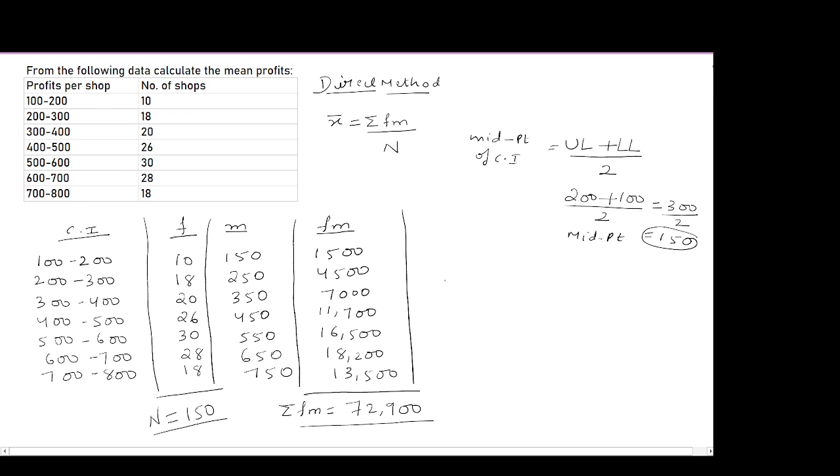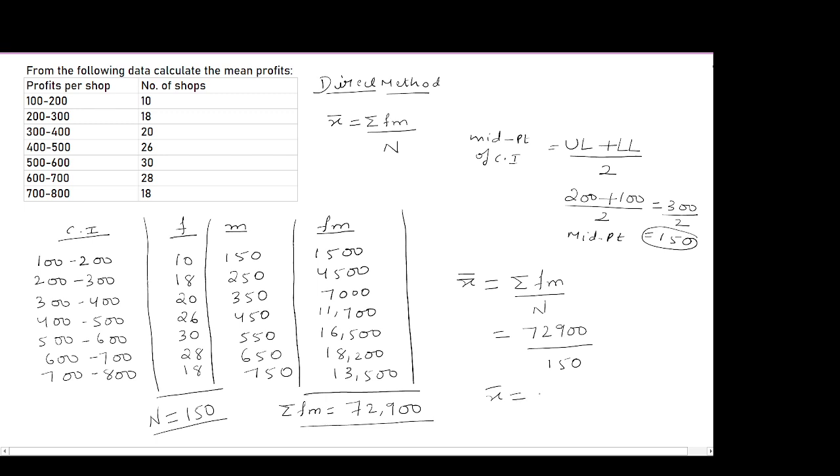Now I got all the values, so I can directly calculate x bar. So x bar is equal to summation f into m divided by capital N. So summation fm value is 72,900, divided by capital N value, which is 150.